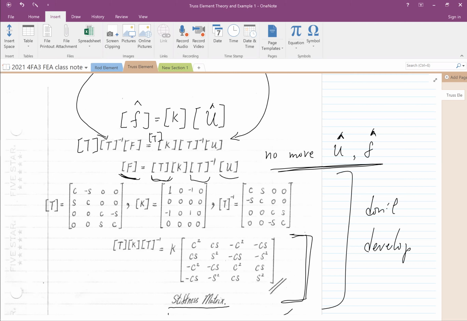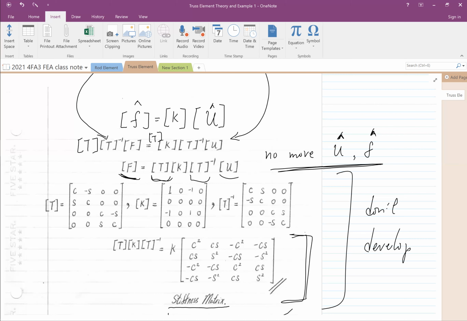Anyways, week 1 homework number 1: review week 0 notes, and then review the notes for rod elements as well, and then the notes on the truss elements that I've given you so far. You know what, the best thing to do is just repeat my examples.